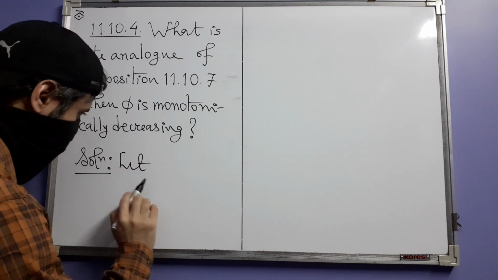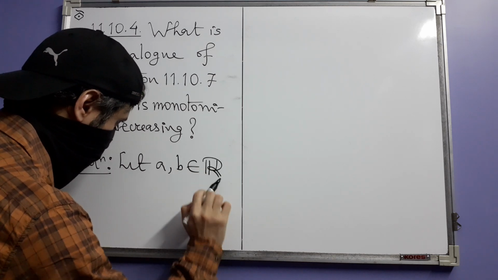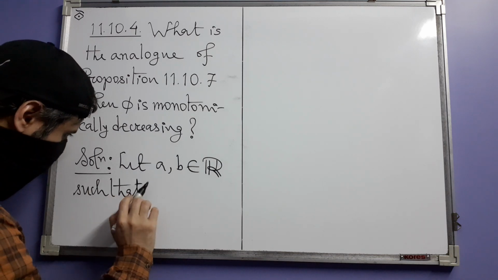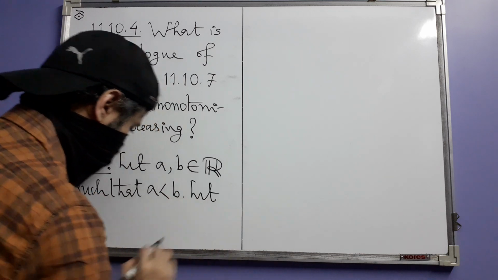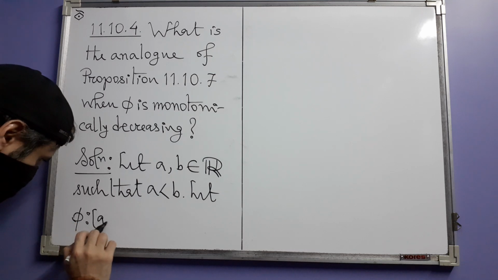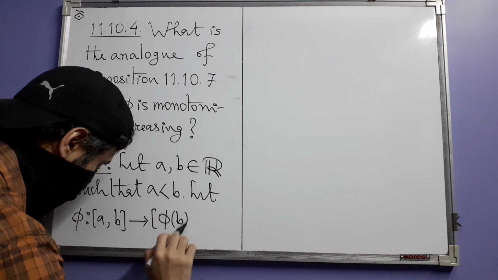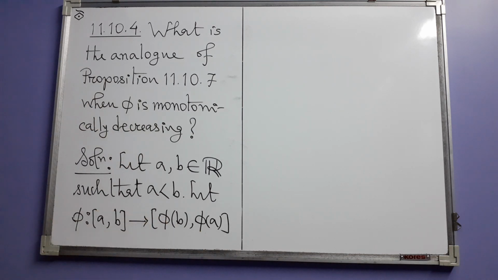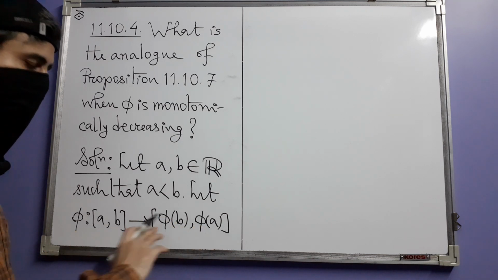Let A and B be two real numbers such that A is less than B. Let phi from [A, B] to [phi(B), phi(A)]. Because phi is supposed to be decreasing, its range looks like this. The positions of A and B get interchanged.